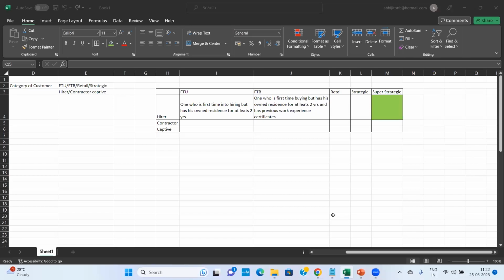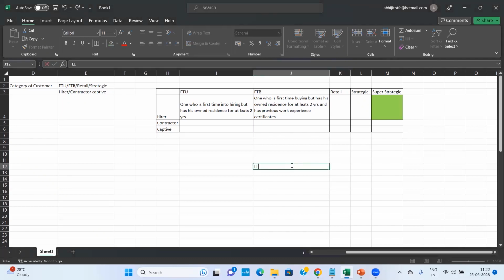Understand the kind of customer we are talking about. What happens if a strategic or super strategic customer is an LLP or a partnership firm or a private limited company or even a proprietorship firm? In all the cases, the guarantee which you prefer to choose is different.